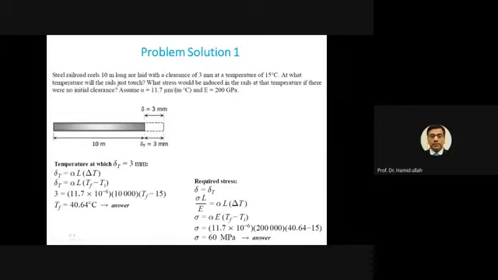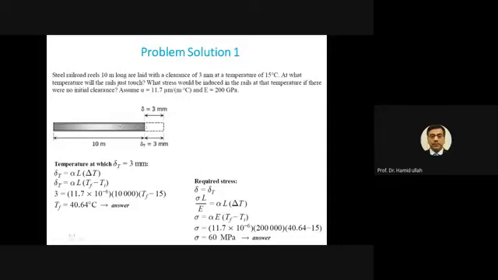Second, if you can see here, it is regarding stress, that what stress would be induced in the rails at that temperature if there were no initial clearance. So meaning the stress is required. So basically, if there is no clearance, this body is touching the other part.